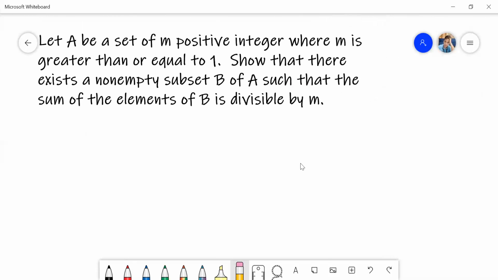So let me proceed with the last but not the least example. Let A be a set of m positive integers, where m is greater than or equal to 1. Our goal is to show that there exists a non-empty subset B of A such that the sum of the elements of B is divisible by m.